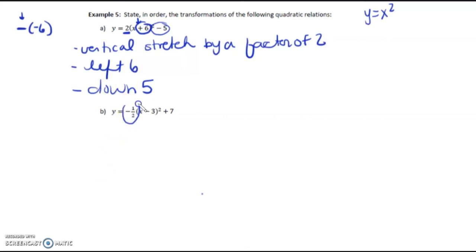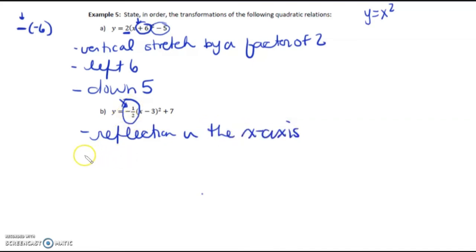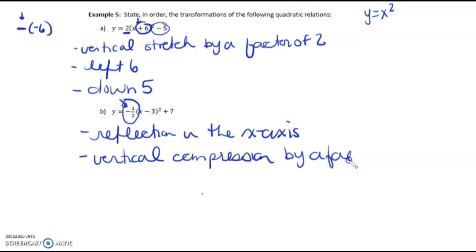So we have this a value. There are 2 parts to it. So this is a reflection. The negative sign is a reflection in the x-axis. Okay, the 1/2 is going to be a vertical compression by a factor of 1/2.